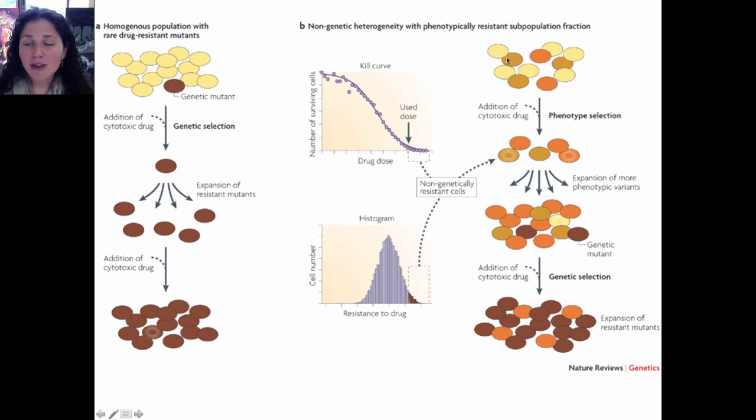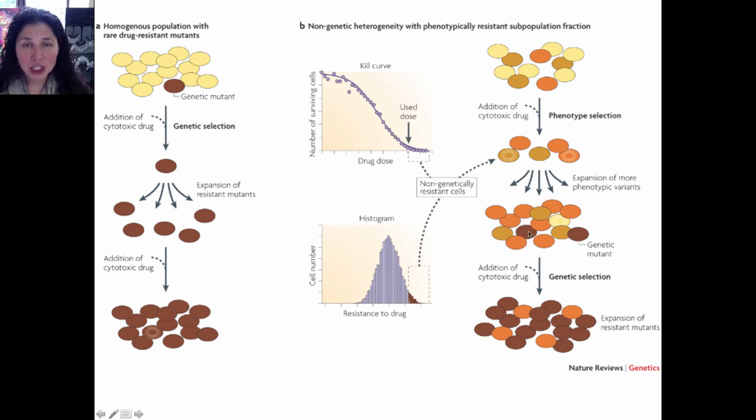Another is when you have many mutants in a population and they all have different levels of resistance. Here, the non-resistant individuals are the lightest color and the most resistant individuals are the darker colors. When you introduce a drug here, you kill the individuals that are not resistant. These individuals can mutate further and replicate to make more of the resistant individuals.